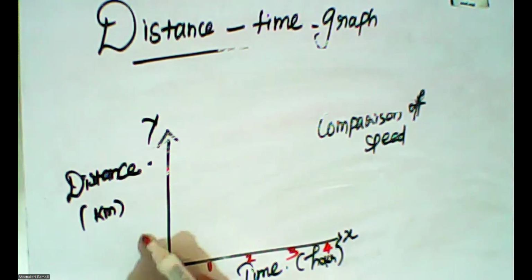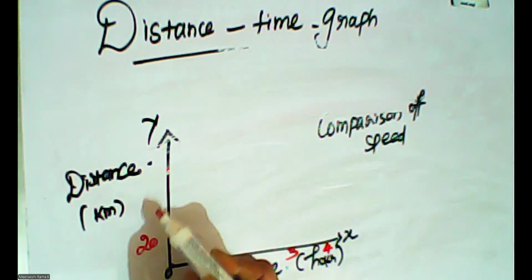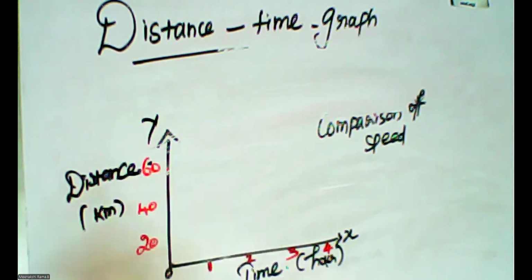On the y-axis we maintain the distance in kilometers: 20, 40, 60, like that. The first person crosses the distance by walking.